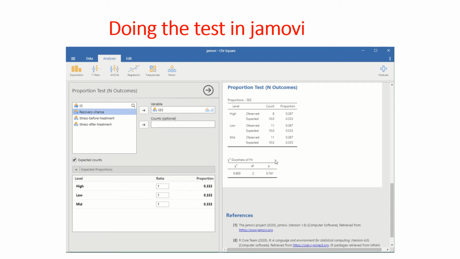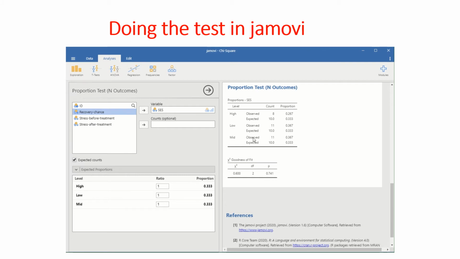So that means that this small difference here in the proportions is not big enough to reject the null hypothesis. So the conclusion is that the levels are distributed almost equally in our data, although we see some minor differences, but these differences are not really big enough.